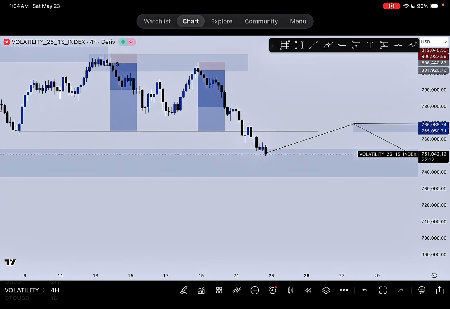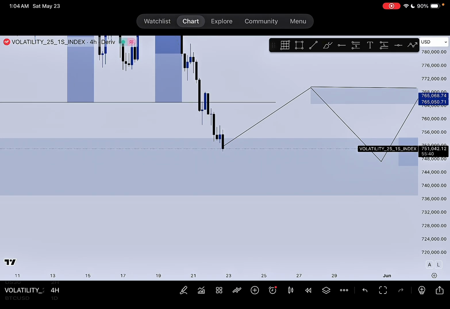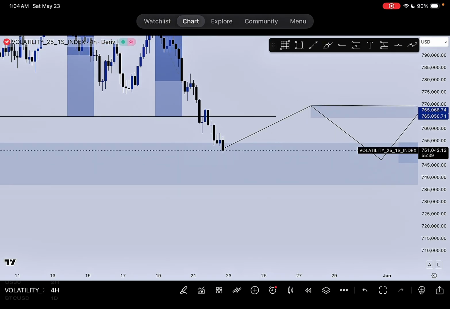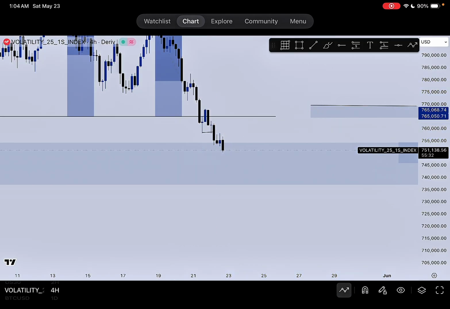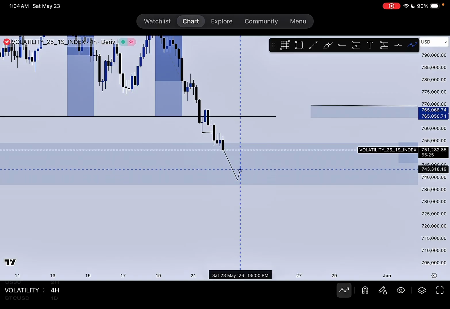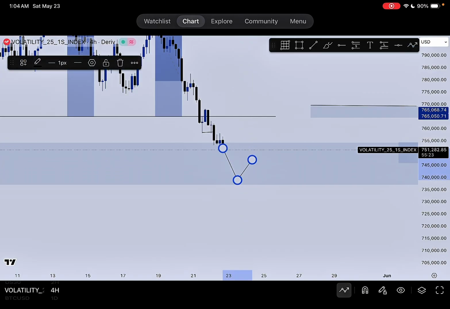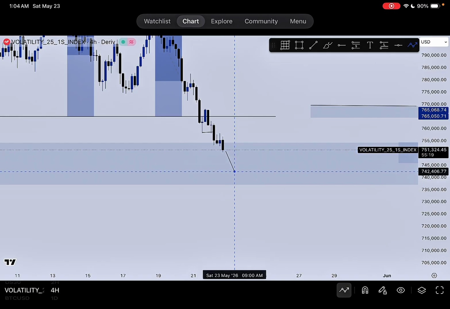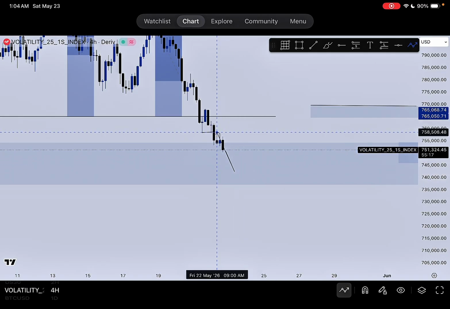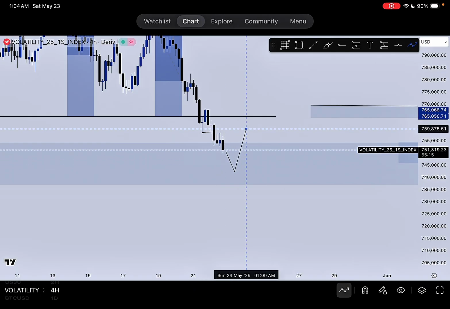Let me go down to 4 hours. Okay, on 4 hours we have this tiny break of structure. We also have another. If the market should give me something like this, then break this high before coming down.